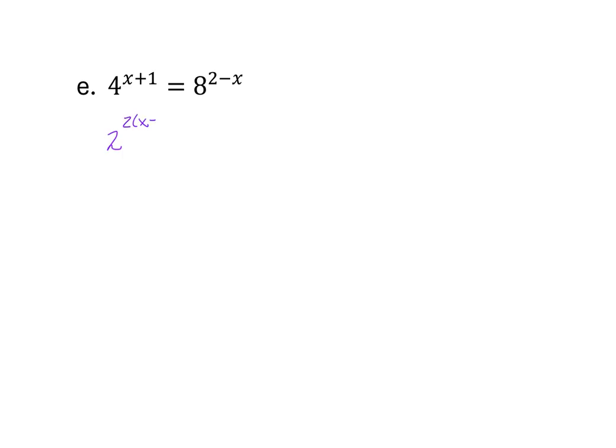And so the left side, what we can do is rewrite this as 2 to the 2 times x plus 1. 8 is equal to 2 cubed. And so we can write this as 2 raised to the 3 times 2 minus x.